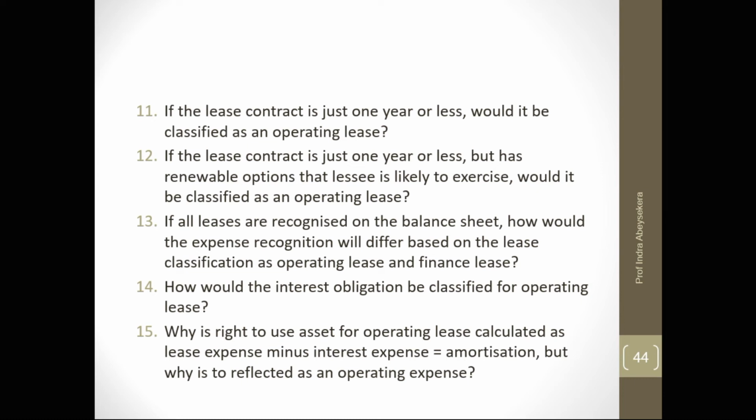How would the interest obligation be classified for operating lease? Why is the right to use asset for the operating lease calculated as lease expense minus leasing interest expense that equals amortization? But why is it to be reflected as an operating expense?